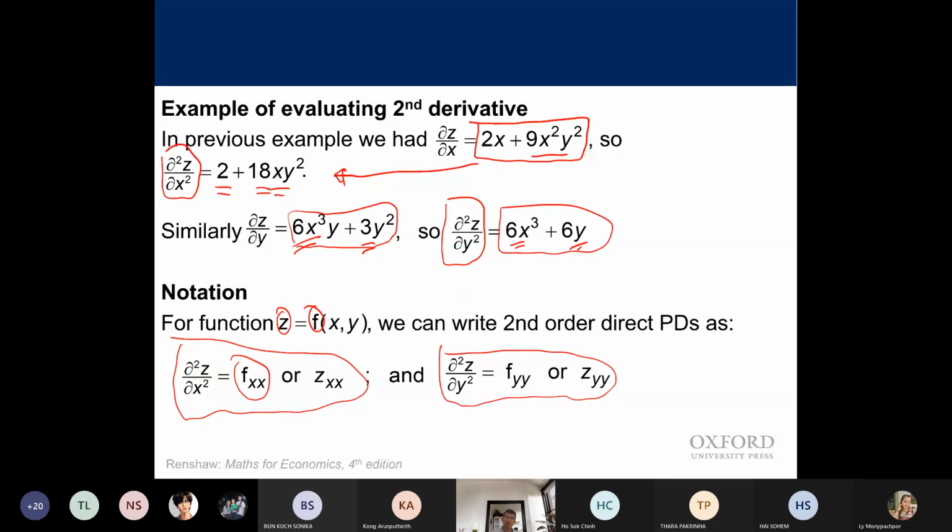This is actually the first derivative with respect to x, and then I want to differentiate the next time with respect to y.